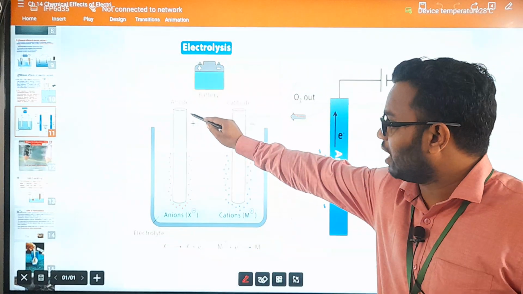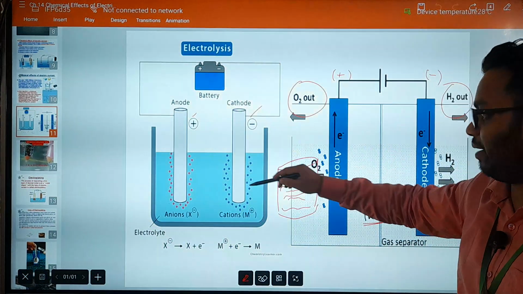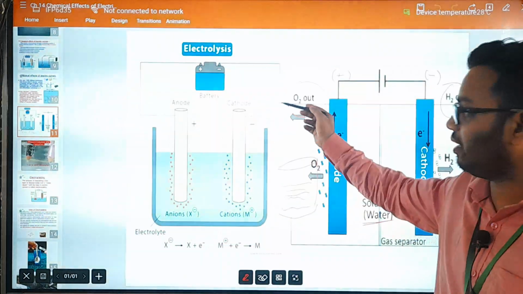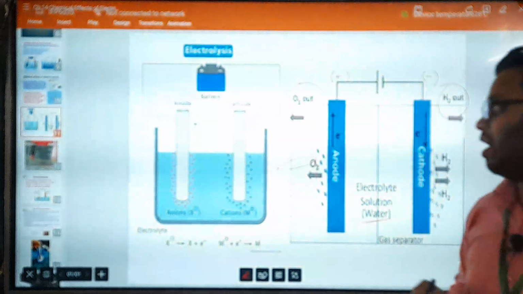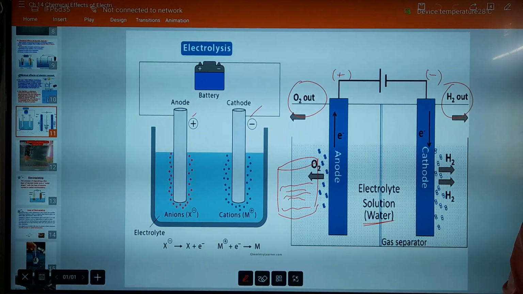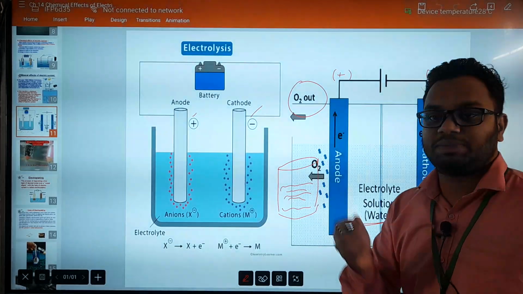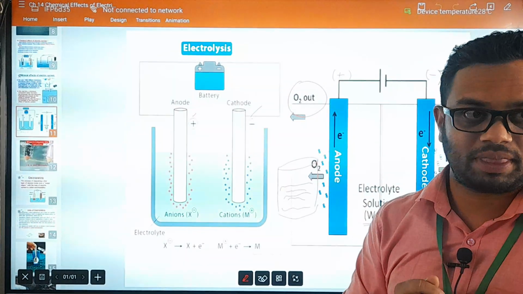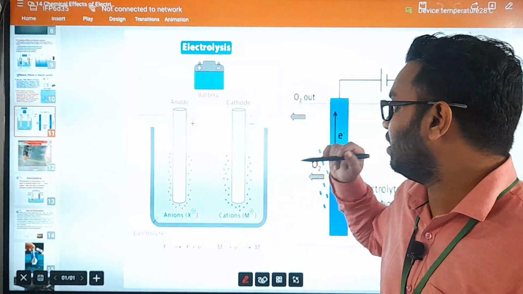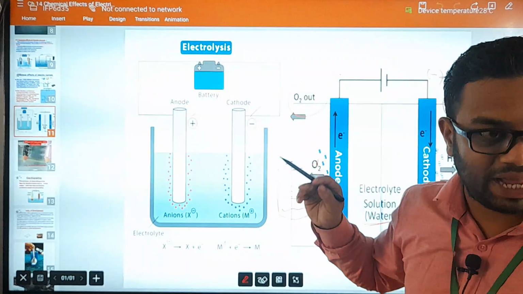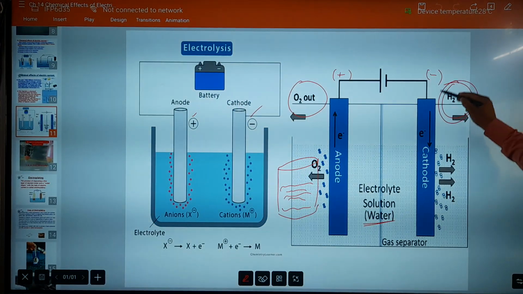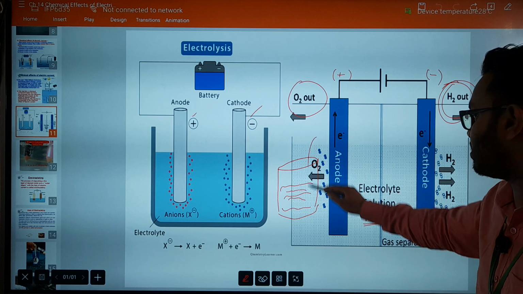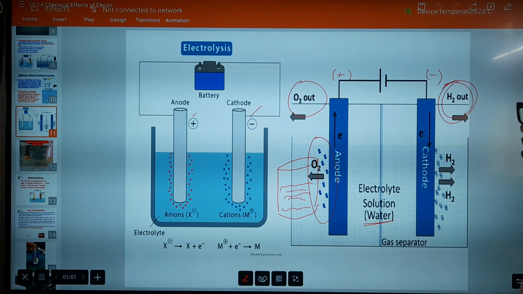Plus side and minus side, that is the anode and cathode terminals, you have to immerse in the water. After some time you will observe that gas bubbles form from the positive side and negative side. On the negative side what will come is hydrogen, and the number of moles is more as compared to oxygen.